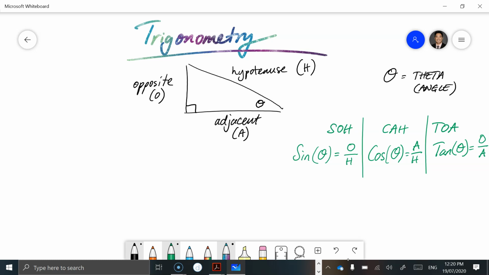And the acronym SOHCAHTOA is there to help you understand which ratios we're working with. Okay, so if you're going to be using the sine function, you need opposite and hypotenuse. If you're using the cosine function, you need to use adjacent and hypotenuse.